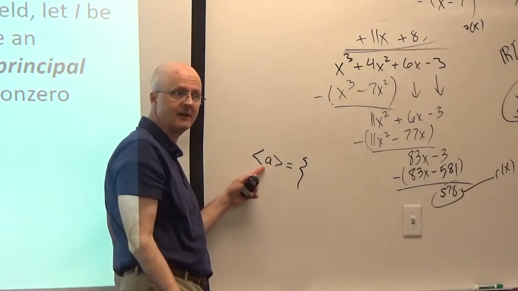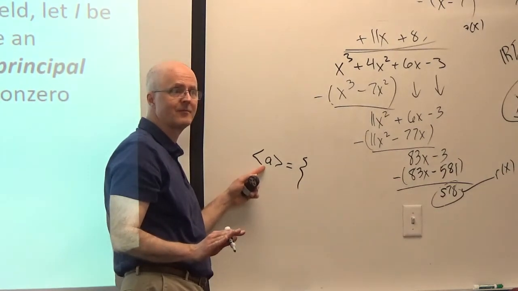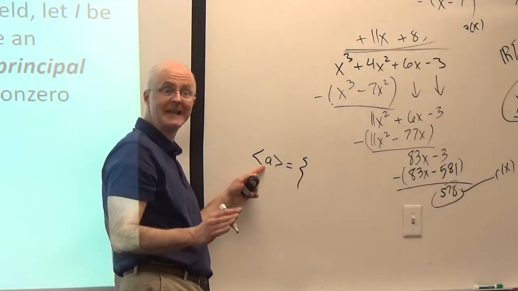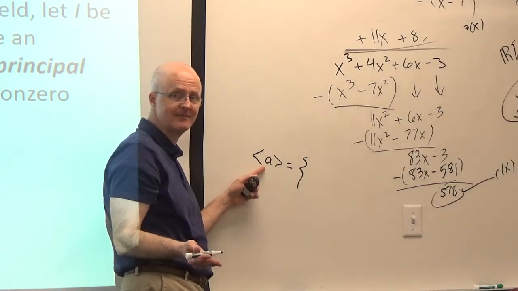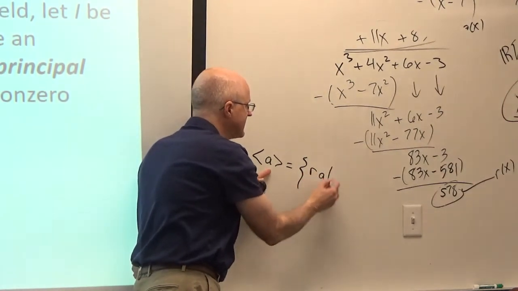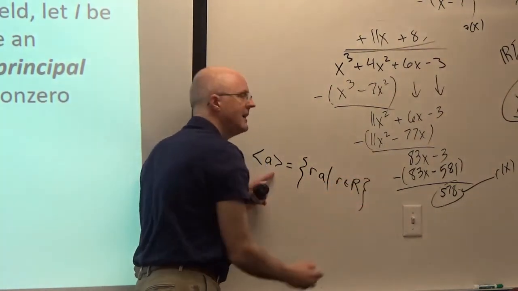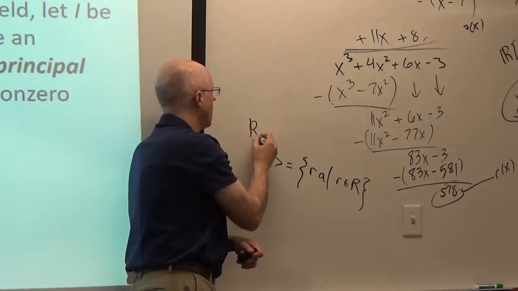It's all the powers of a. With ring theory, it's something different, though in the example where the ring is Z, it ends up being the same set. It's the set of all multiples like this, where r varies over the entire ring. It is a commutative ring. R is a commutative ring.